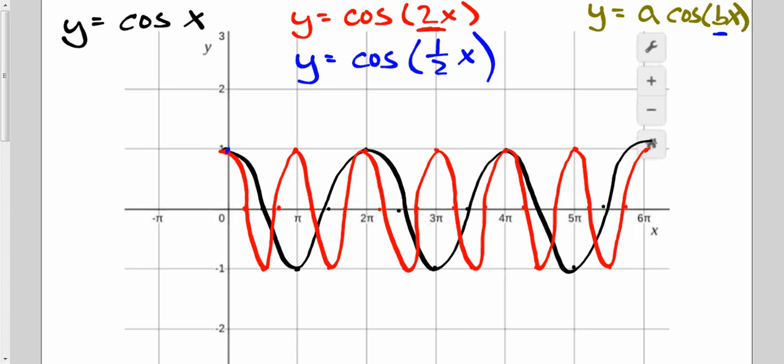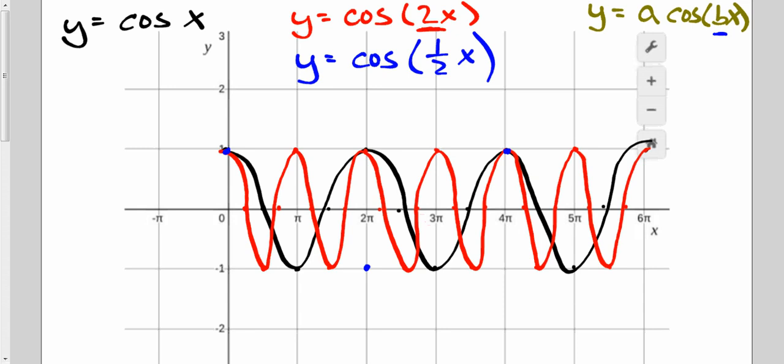So I start in the same spot, but instead of going from x equals 0 to pi, going from 1 to -1, I'm going to go to 2 pi. So I'm going to have a dot down there. And then I'm going to have a dot up here at 4 pi and 1.